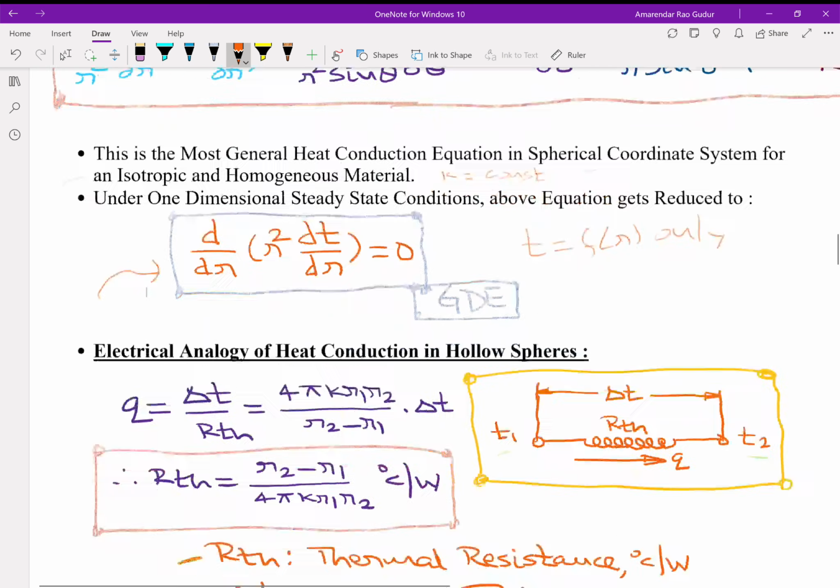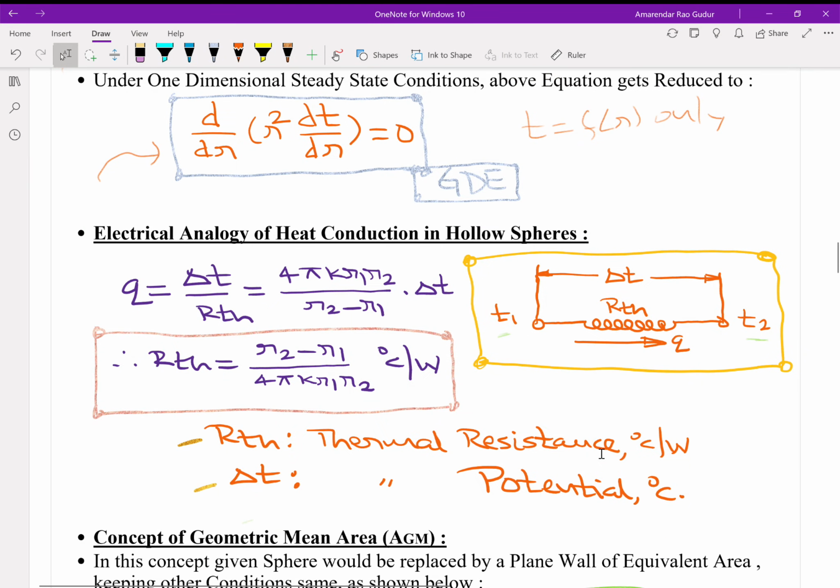Then the analysis can be conveniently carried out using electrical analogy, wherein the given sphere will be replaced by an analog circuit diagram. Inside we have a temperature of T1, high potential, outside surface we have a temperature of T2, low potential, and as a result there is a thermal potential of delta T, that is T1 minus T2, across which heat transfer is taking place at a rate of Q, which is hampered by RTH.